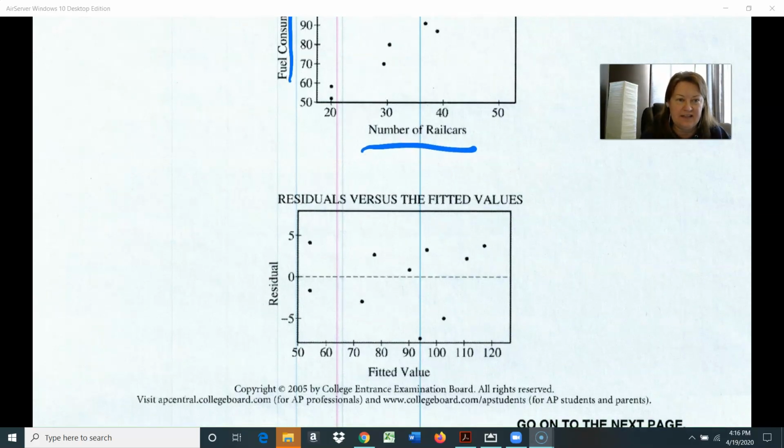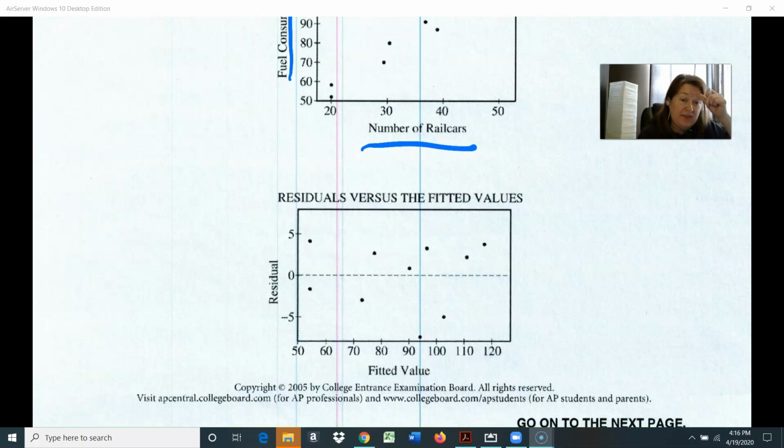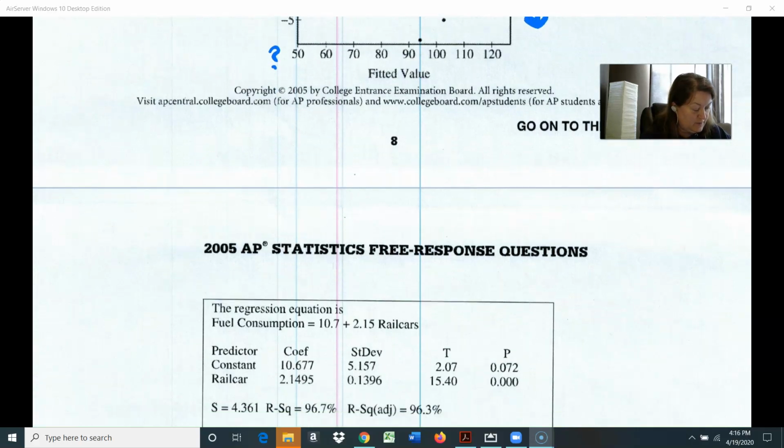The residuals definitely look nice. They look random. There are about as many dots above the zero residual line, the positive residuals, as below it, the negative residuals. It looks pretty random to me. So I'm pretty happy with all of this, other than that the x's look like they have changed. All right, so I'm ready to answer some questions.